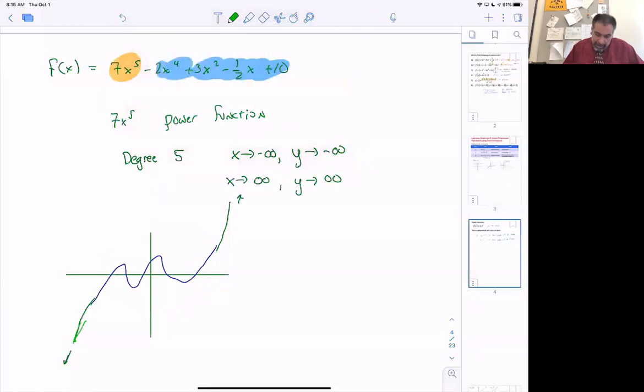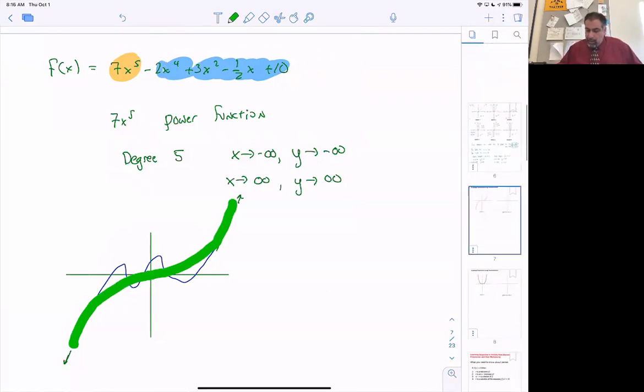So again, not exact, but it's still following the basic idea of a graph that looks like this. So that's the idea behind the power function. It lets you visualize what the graph looks like, albeit roughly. It still gives you a chance to get an idea of the graph.